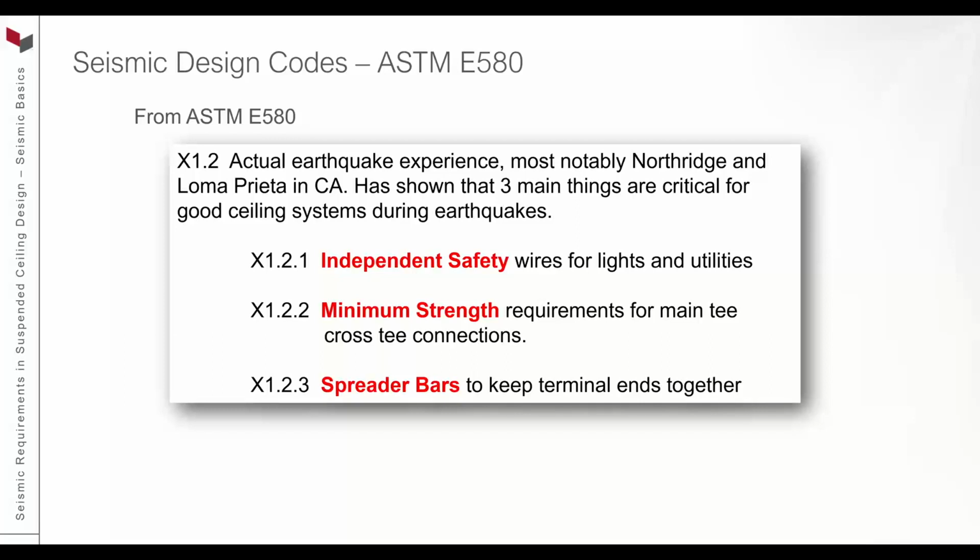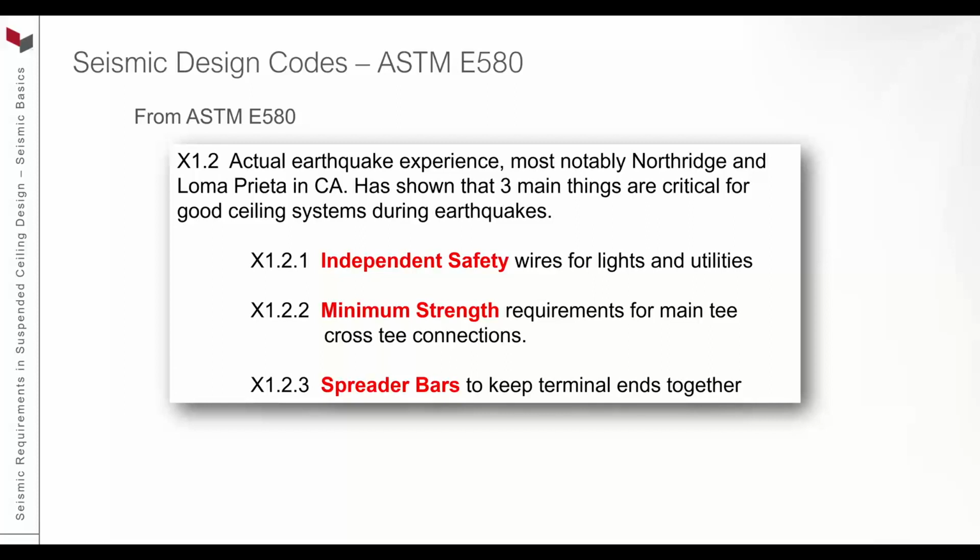Because what happens is when a seismic event happens and it starts shaking, the walls move and impact the ceiling. And if the walls move and impact the ceiling and the ceiling starts to fail, then it could cause a cascade effect where not just one portion of the ceiling fails, but the entirety of the ceiling can fail.